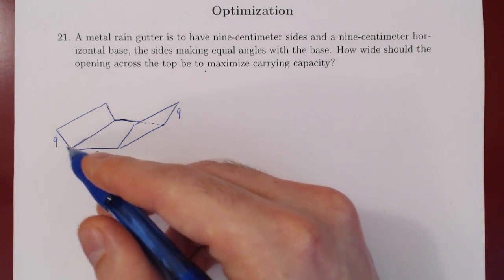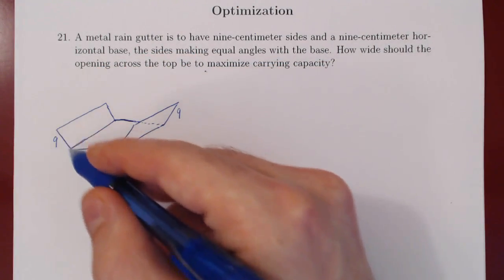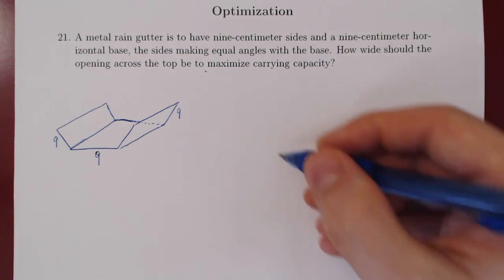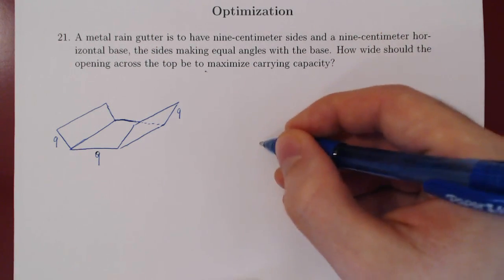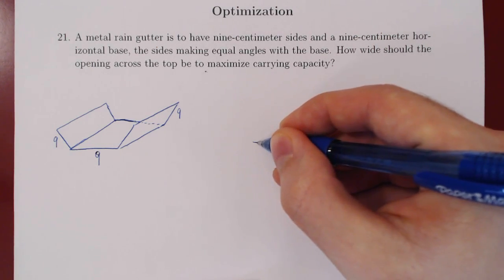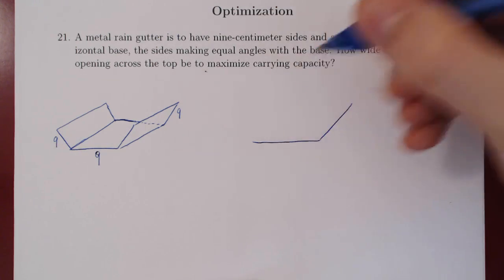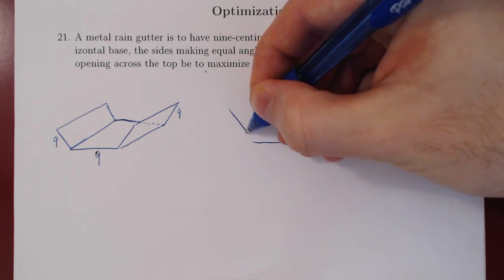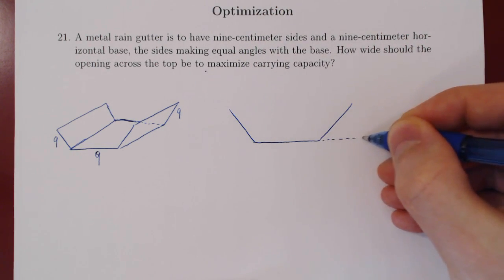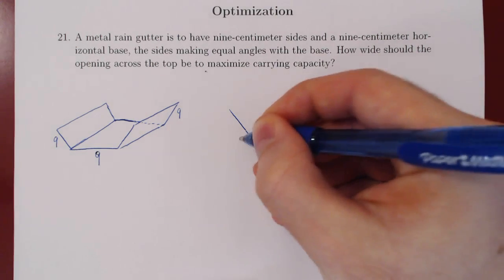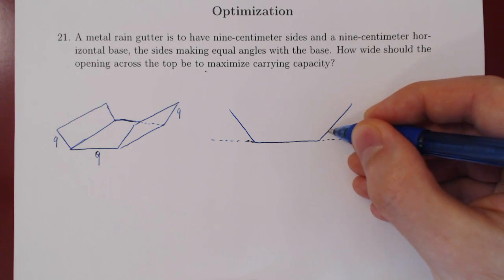So let's just draw a cross-section of our rain gutter. If you cut through it, what you get is a simple trapezoid. So let's make it a little larger. Okay, so let's extend this just to visualize. Let's call this angle theta.